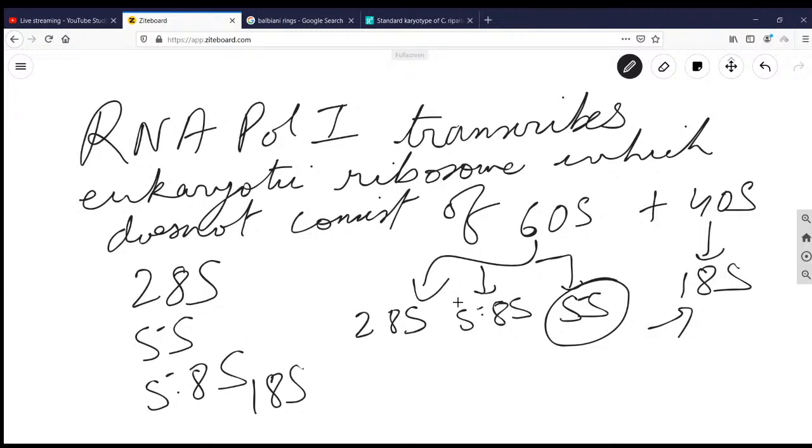It will attach to this one and then later on polypeptide synthesis will start from this one, and it will not include this 5S rRNA. So this is one of the hard questions which was asked in the NEET examination.